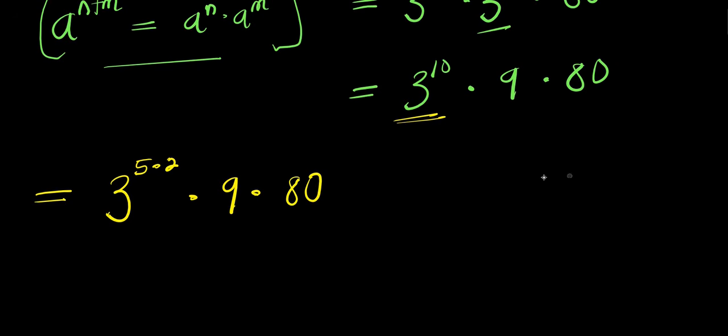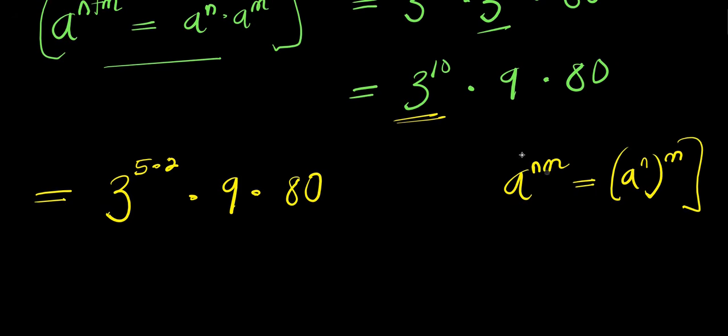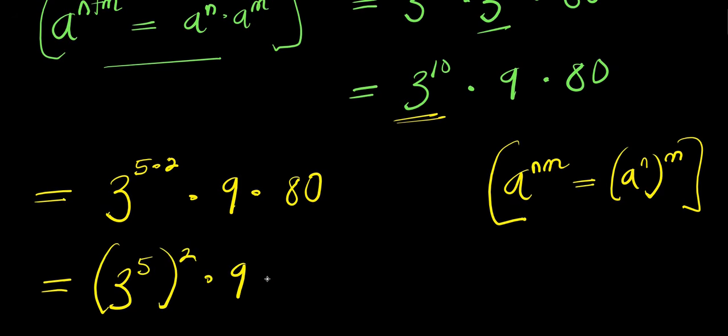Now, we can express this as 3 to the power of 5 times 2 times 9 times 80. Now, if you have a to the power of n times m, this equals a power n to the power of m. So from here, we have 3 power of 5 raised to the power of 2 times 9 times 80.